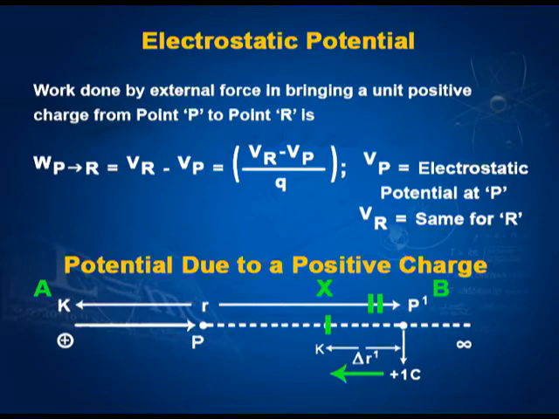So for this much distance, suppose the force applied is F and the distance is delta x. So this is the energy that I am giving to the friend who is at point P dash, who will come to a certain point x to meet his friend A. Now this is all a story-like thing.